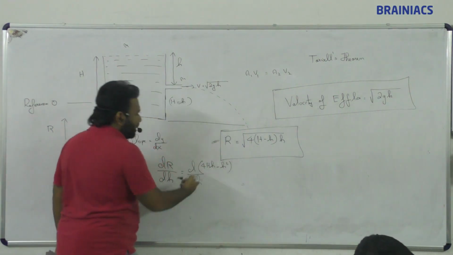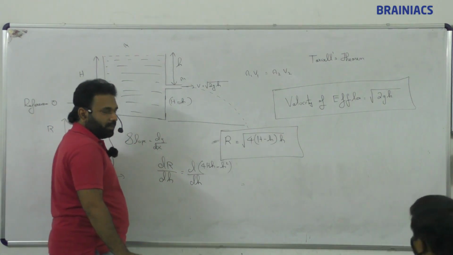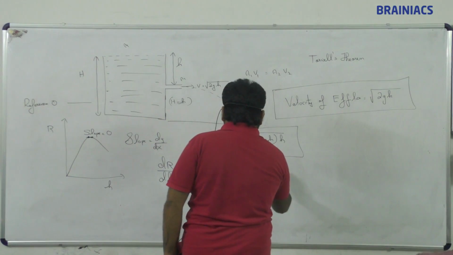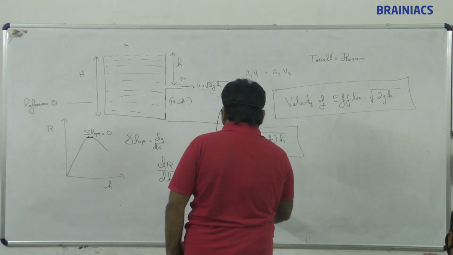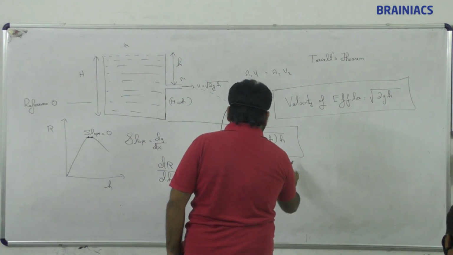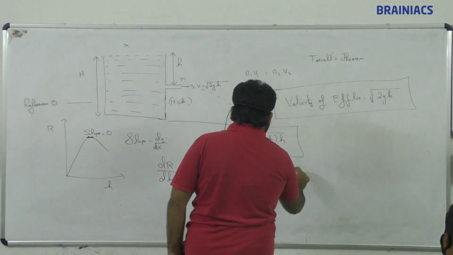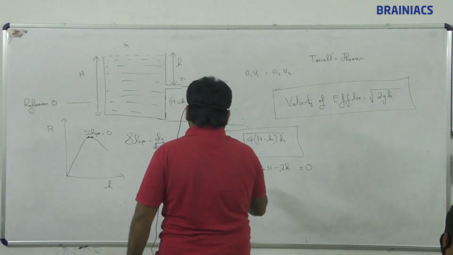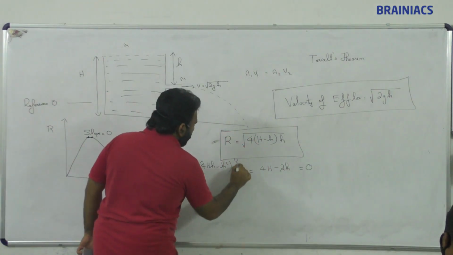Clear? So when we do this, what will we get? 4h minus 2h, no? Oh okay, 1 by 2 is there.